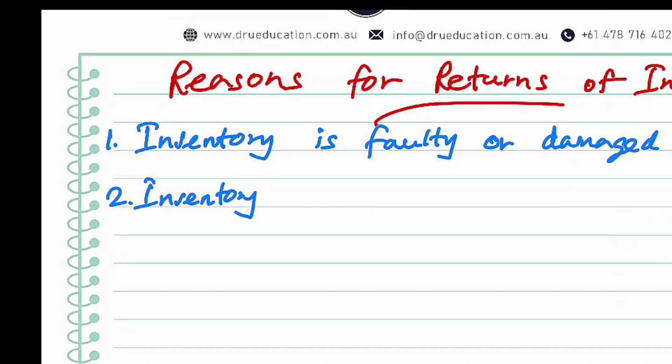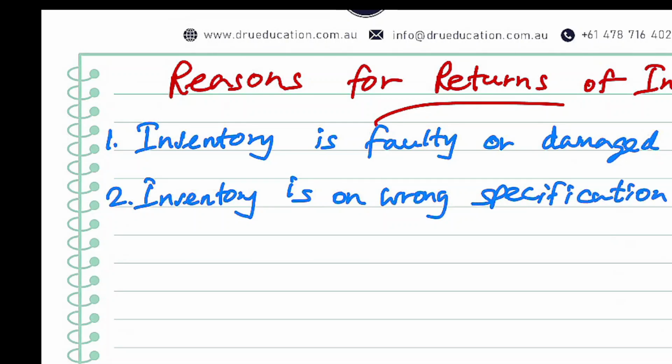Number two: inventory is of wrong specification. What do you mean by wrong specification? For example, wrong size, color, and model.